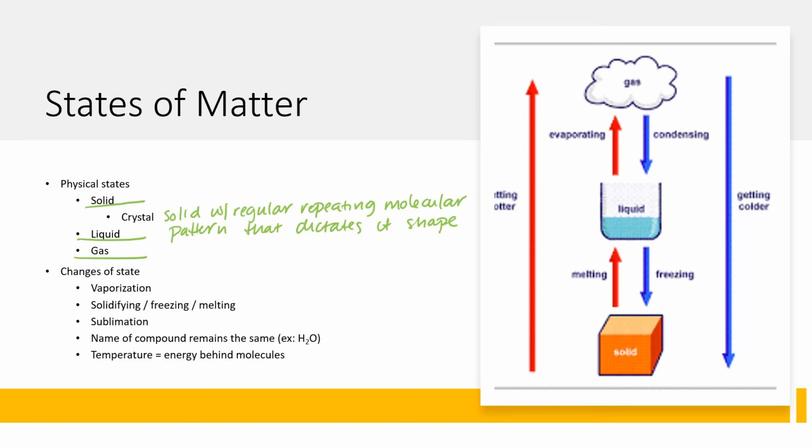A regular old solid, where the constituent atoms or molecules are arranged in a random or disordered pattern, is an amorphous solid. Usually when you're talking about a regular old solid, it's probably amorphous.